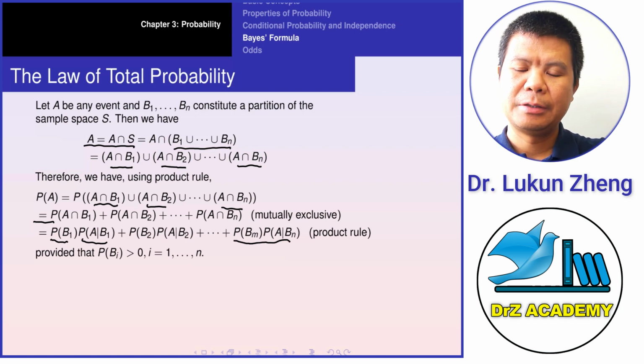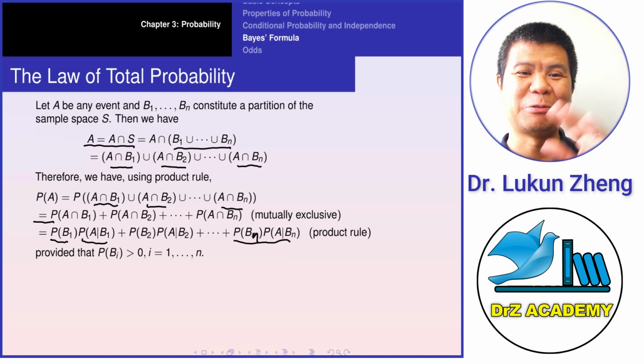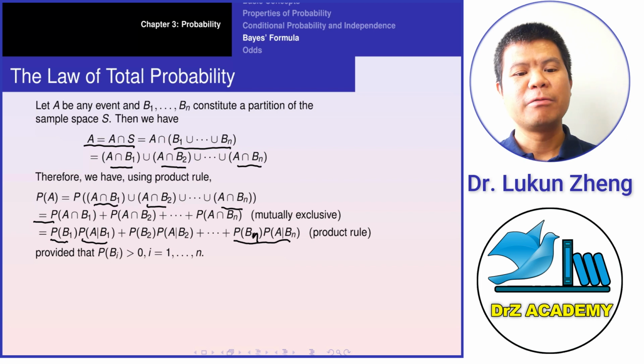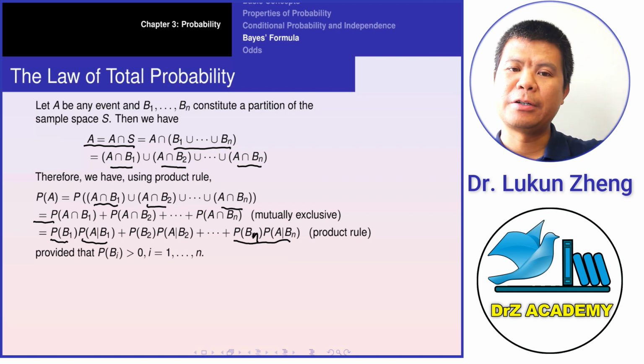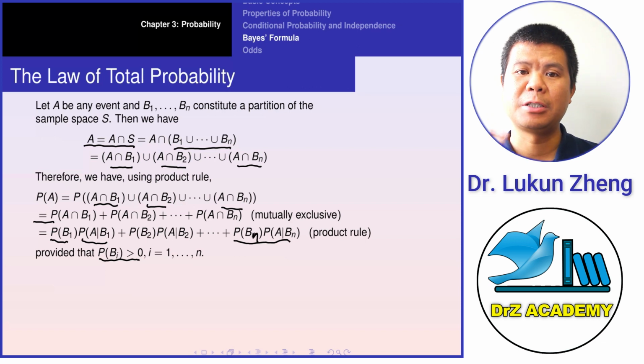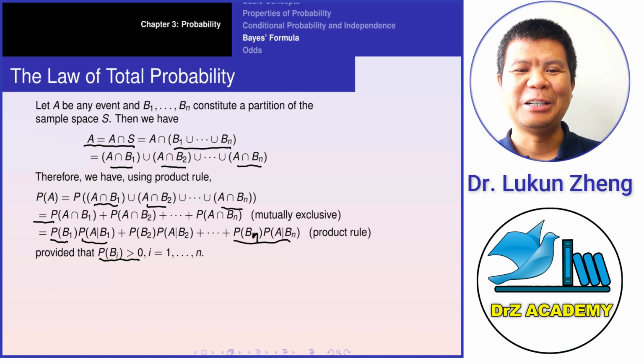This is called the product rule for each term, provided of course that Bi serves as the condition, so probability Bi must be greater than 0. So we have the law of total probability.